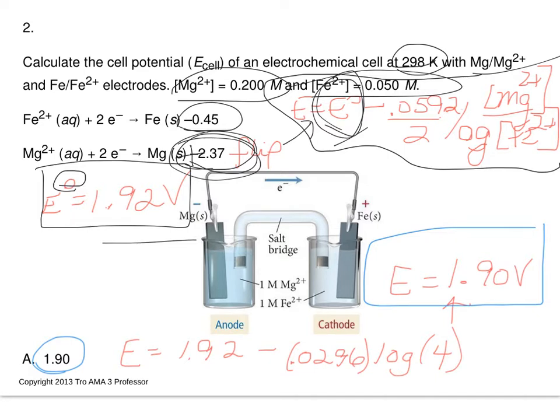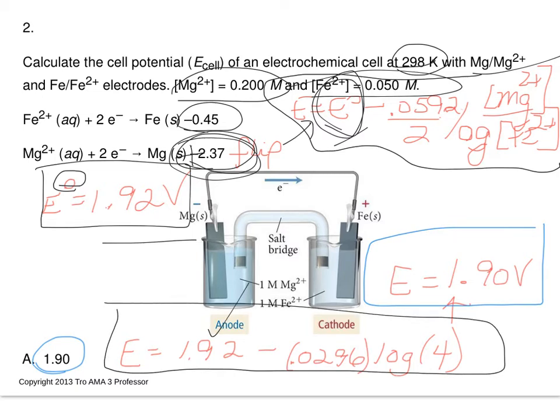So if I go and plug into the Nernst equation, standard cell potential of 1.92, and then 0.0592 divided by 2, and then log of magnesium over iron.